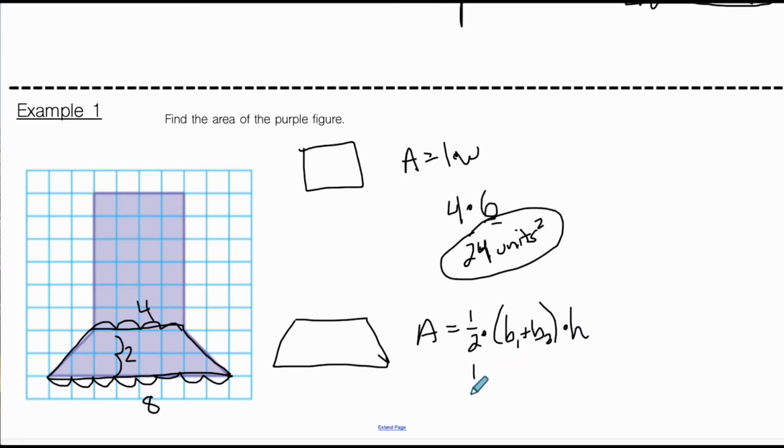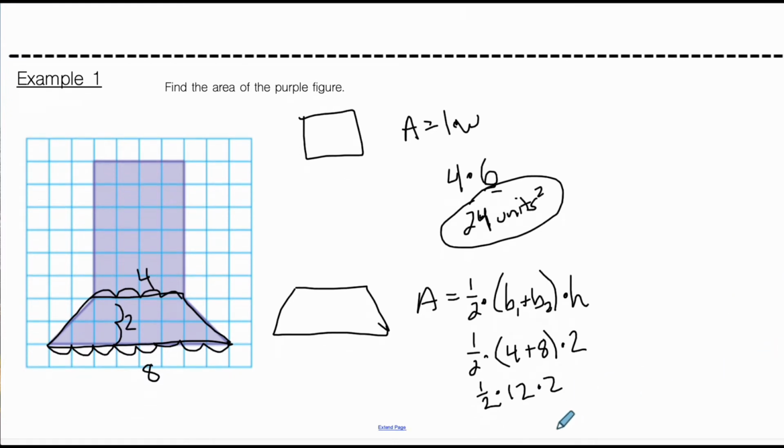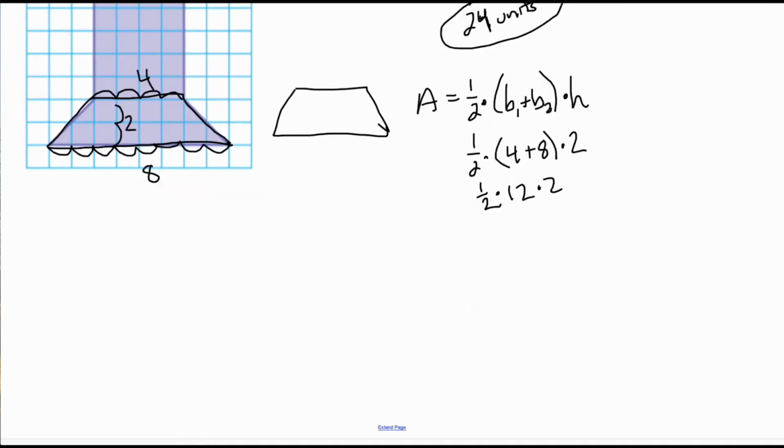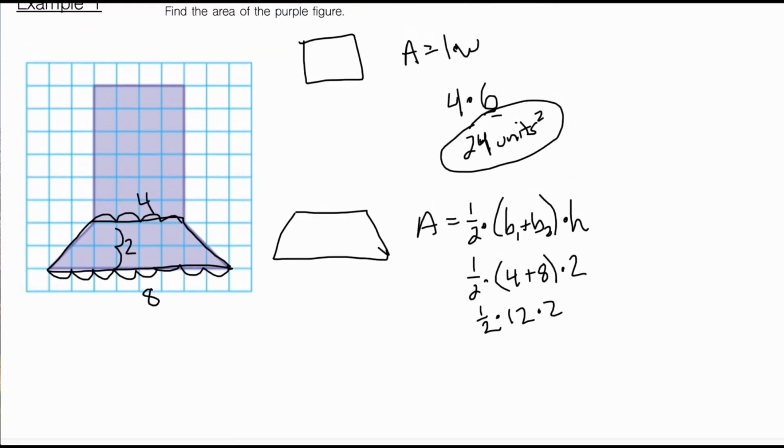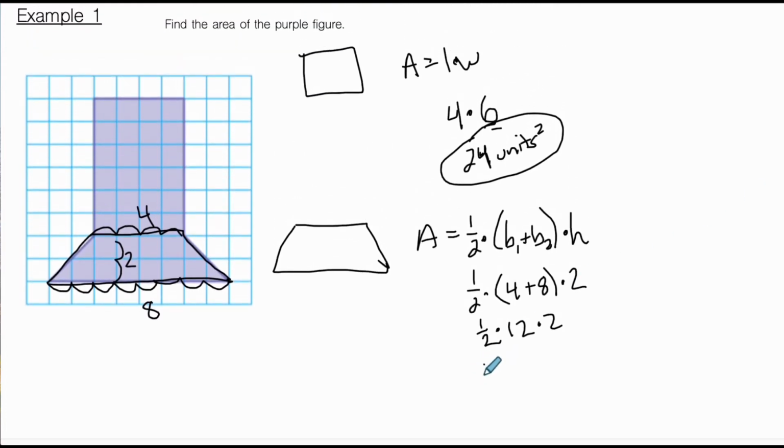So put it all together. 1/2 multiplied by the sum of the bases, 8 plus 4, multiplied by the height. So that's 1/2 times 12 times 2. And that means we're going to have half of 24, which is 12.